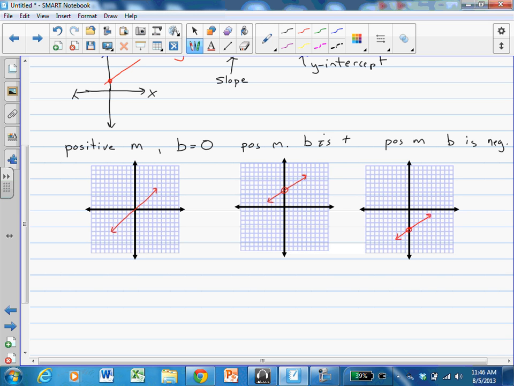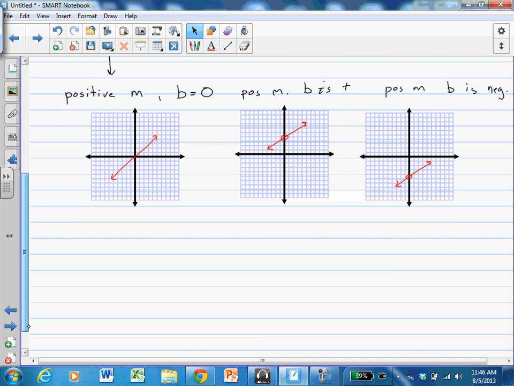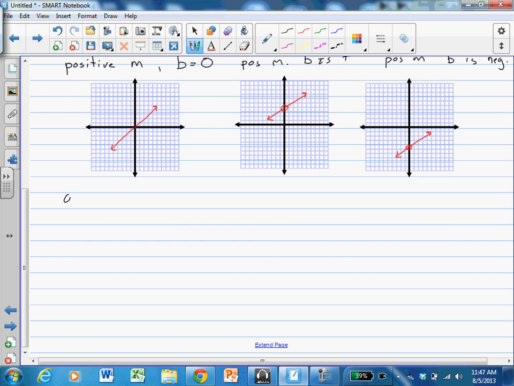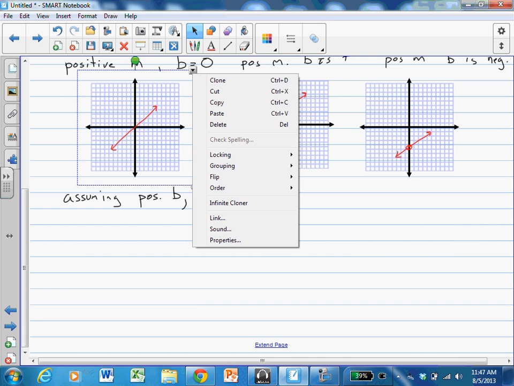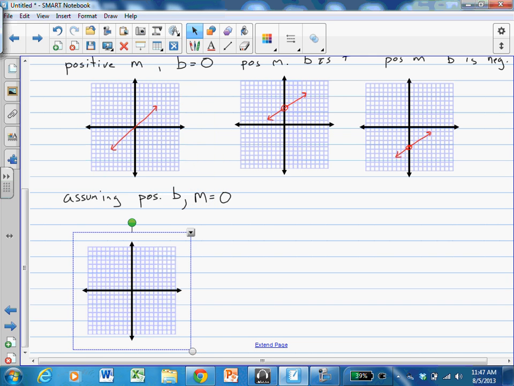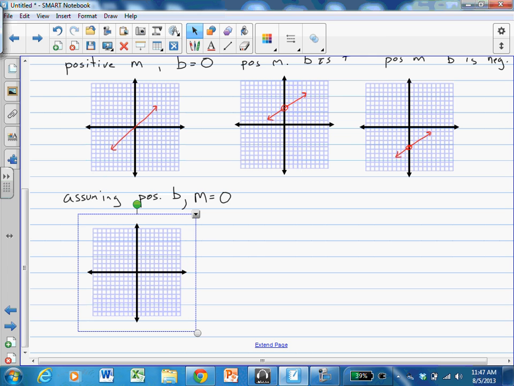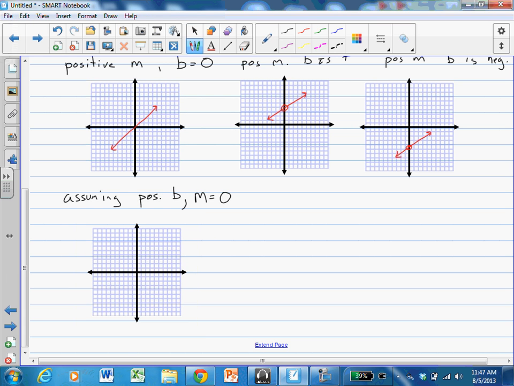All right, let's do another one. Assuming positive b, so assuming a positive y-intercept, let's look at when the slope is 0. Try that one. Good. Hopefully you drew something like that. It would have the positive b and a 0 slope, flat.